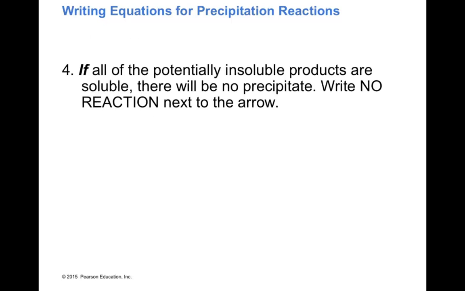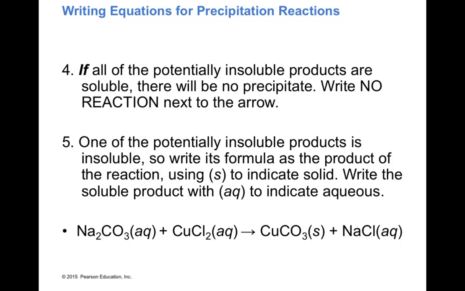Now, if all of the potentially insoluble products are soluble, there will be no precipitate. Write no reaction next to the arrow. But if one of the potentially insoluble products is insoluble, you need to write this formula as a product of the reaction using the S subscript, because this indicates that this product is a solid, and write the soluble product with the aqueous subscript to indicate that that compound is aqueous.